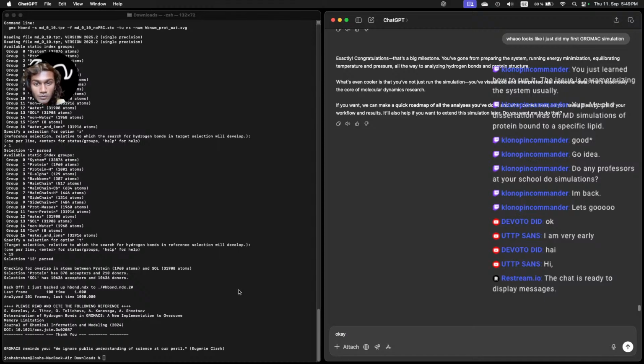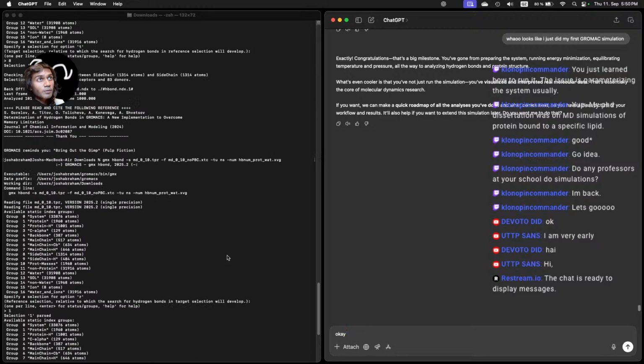You just learn how to run it. The issue is parameterizing the system usually. Okay. So parameterizing, you mean understanding how the code works, or making new parameters, or understanding how the parameters work?